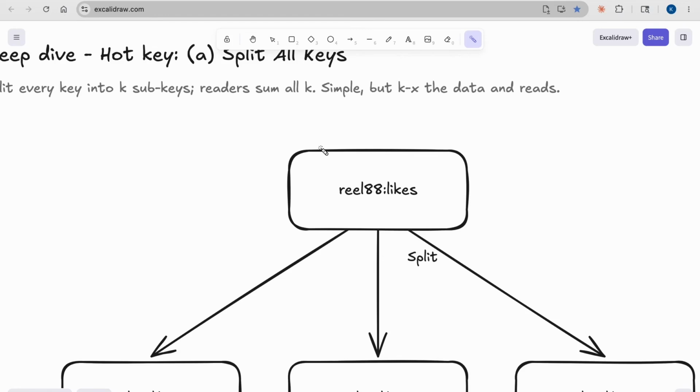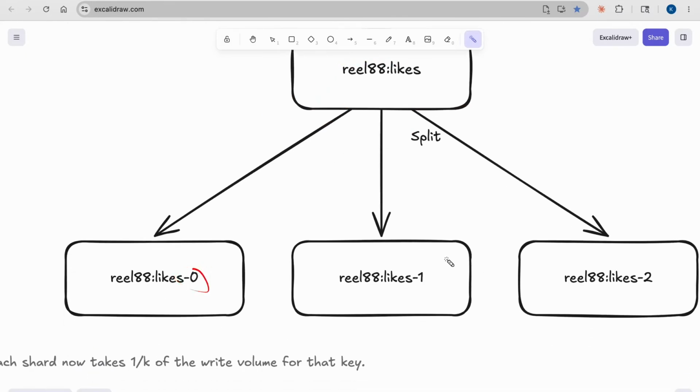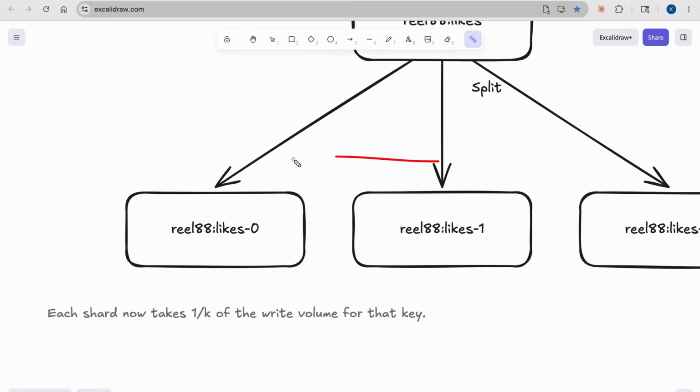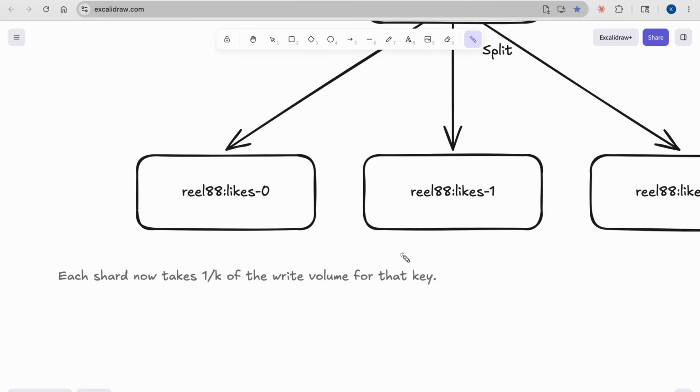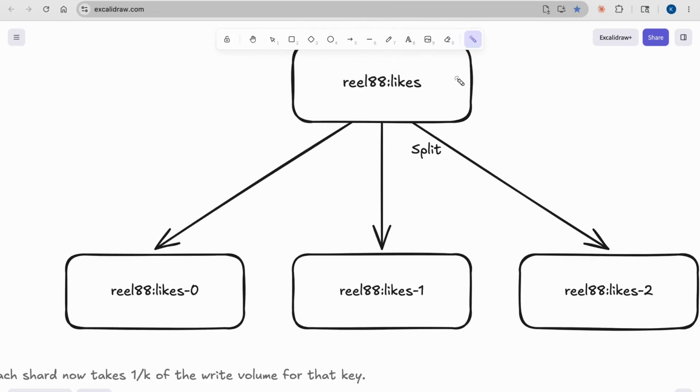For example, if some reel is going viral, we can split the likes across additional sub keys 0, 1 or 2. The only thing is that to read back all the likes for that specific reel, we need to sum all of that. But this is a trade-off for reads. Because now if we split this, each shard just takes 1/k of the write volume that was taken by the single shard.